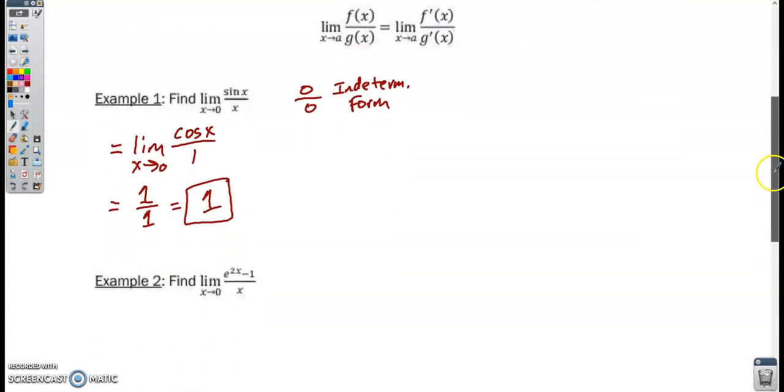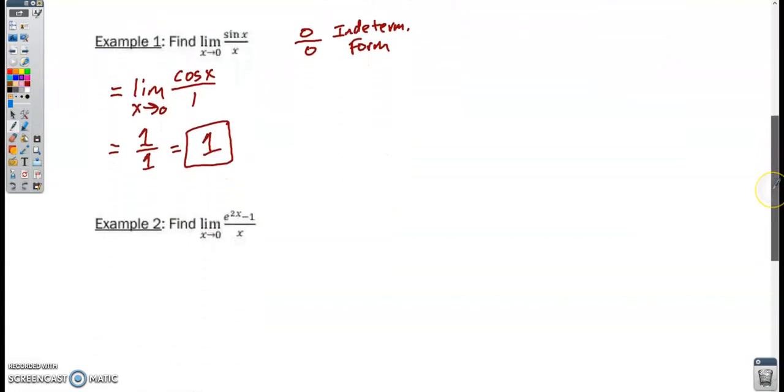All right, let's go on to example 2. Find the limit as x approaches 0 of e to the 2x minus 1 all over x. Again, we see that the denominator is 0. If we substitute 0 into the numerator, we've got e to the 0, which is 1, minus 1. So again, this does indeed lead to the indeterminate form 0 over 0. So I'm going to use L'Hospital's Rule.